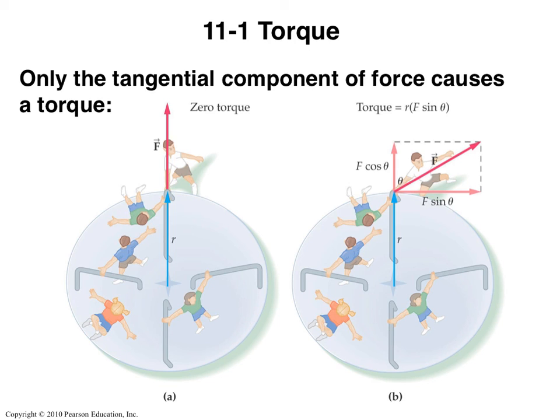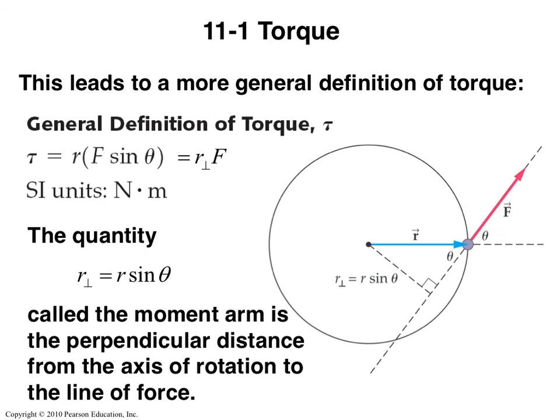So if you're interested in the rotational part, you want to calculate the tangential component of the force multiplied by the radius of rotation. Okay? So the more general definition is the following. And this is where we make it more abstract. In fact, I wouldn't draw a circle. I would just draw a potato, because it can be any shape.